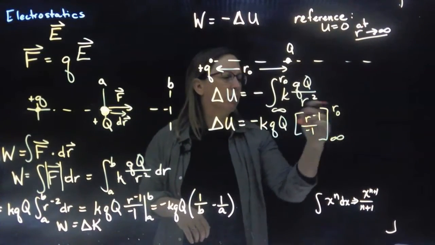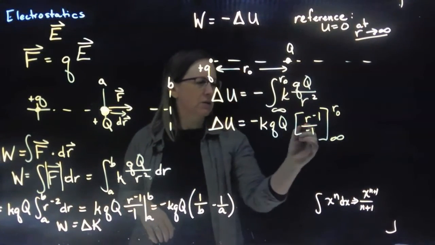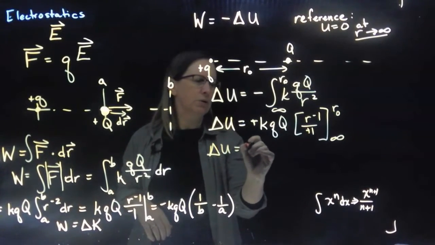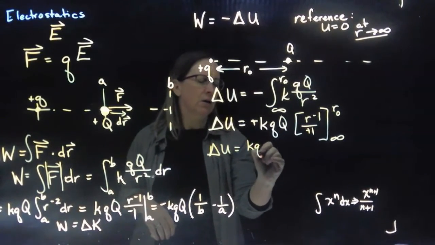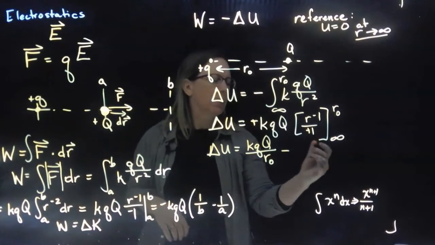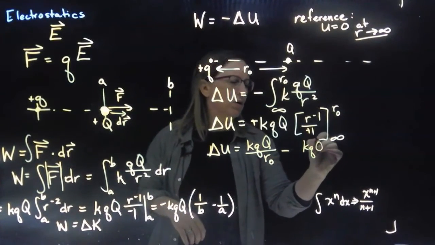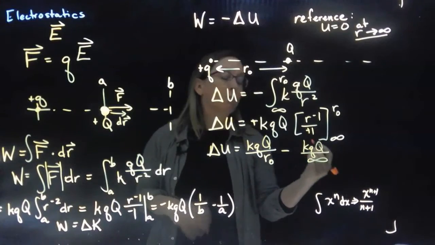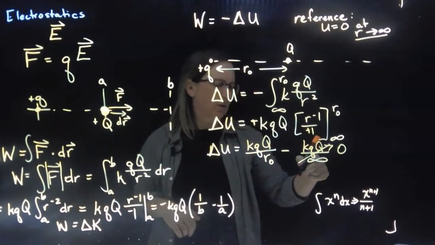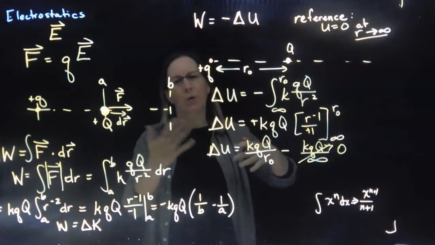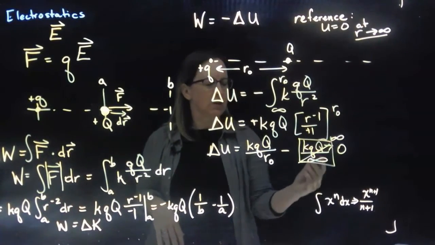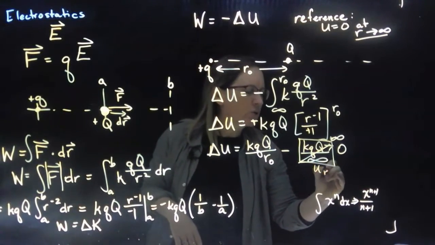Of course, we put the upper one in first, and so these minus signs cancel, and delta U is equal to kqQ over r0 minus kqQ over basically infinity, which is 0. As we go out to infinity, 1 over infinity makes this term go to 0. So this is our reference point.